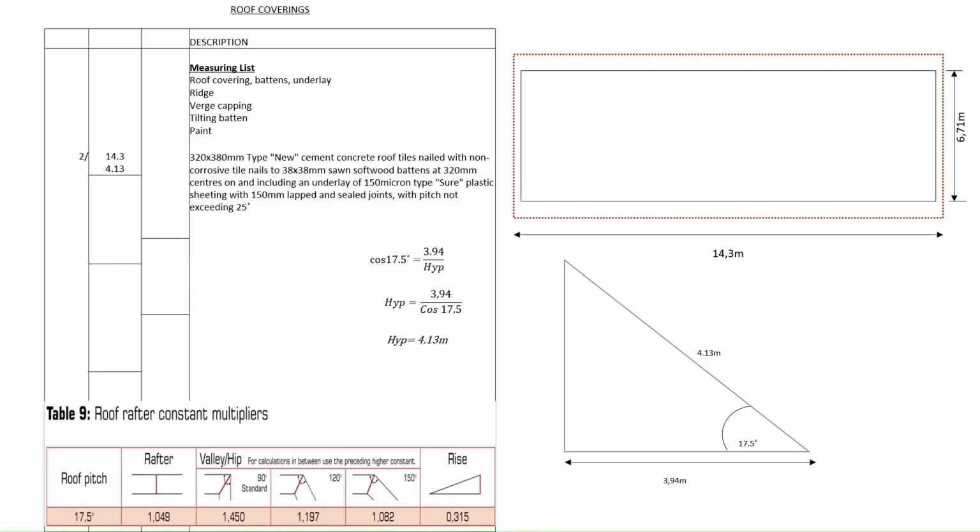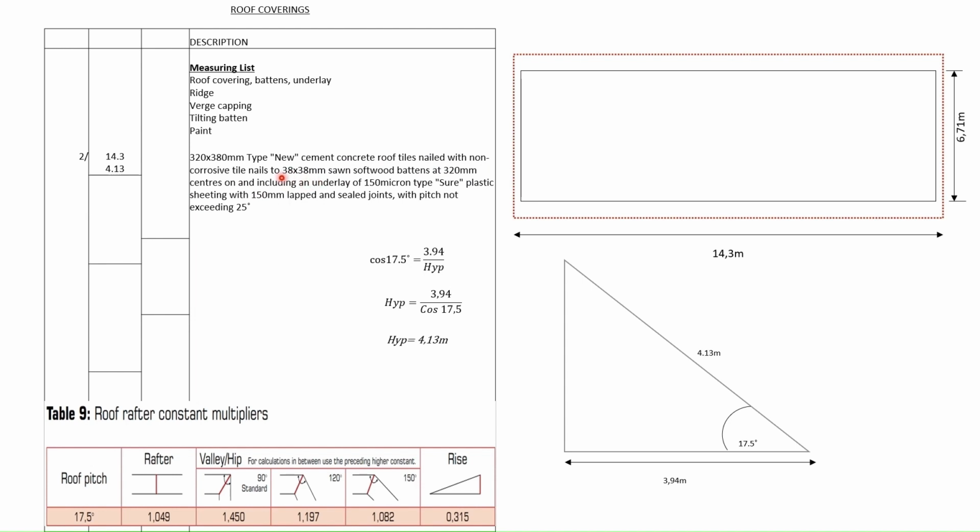Now moving on to the actual measuring, you can see that the fields in my dimension paper, which is this one over here, have already been populated, and this is so that we keep the exercise as short as possible. And I just want us to read through the description and see if it contains everything we mentioned on the previous slide. Okay, now 320 by 380 millimeter type new cement concrete roof tiles. That is obviously the type of material used.